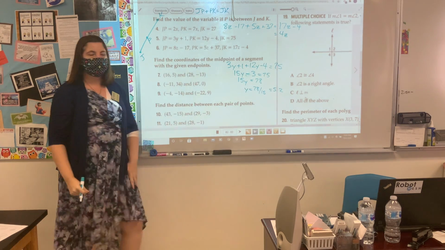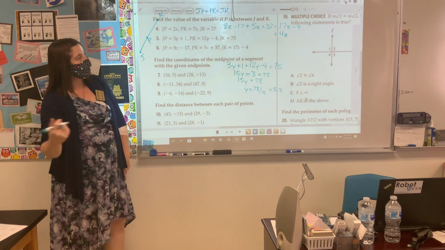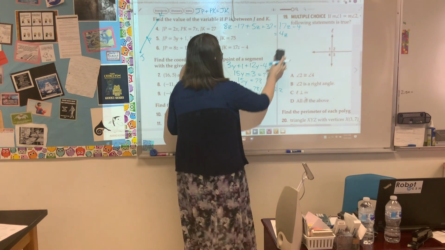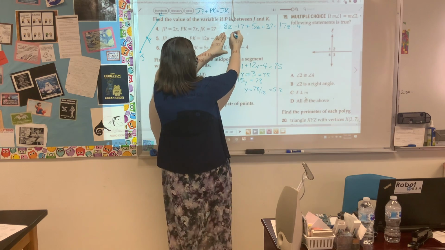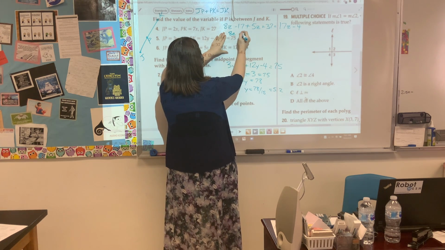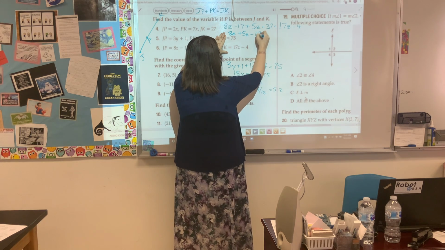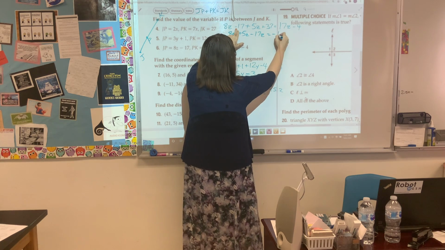You can do that? Yeah. What would you have done? To make it easier for myself, I would have combined like terms on one side. That's what we're doing. Okay, so here's what I think Ella's saying. She says, let me put all of this together on that side, and then I'm gonna say on this side.